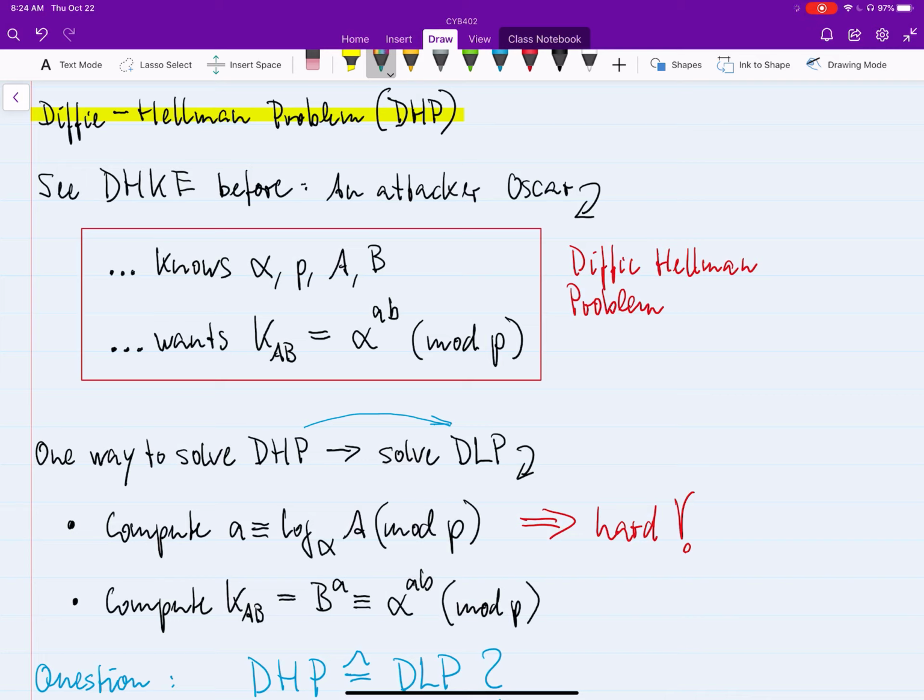Consider the Diffie-Hellman key exchange from before. What is it that an attacker Oscar actually needs to do? This is what the Diffie-Hellman problem is. Oscar, eavesdropping on the insecure channel, knows all of the information that has been sent between Alice and Bob unprotected.